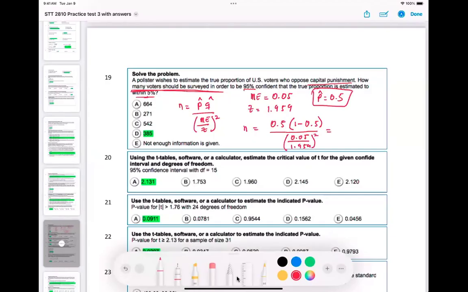Now let's use our calculator. 0.5 times 0.5, the numerator gives me 0.25. And then I need 0.05 divided by 1.959, all squared.